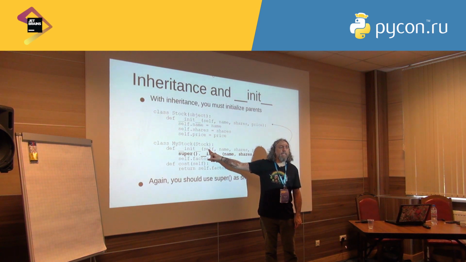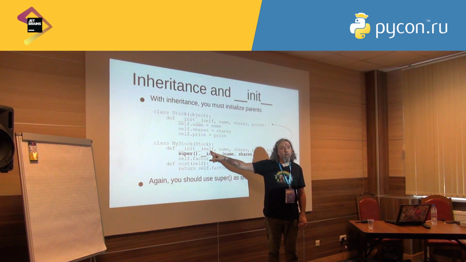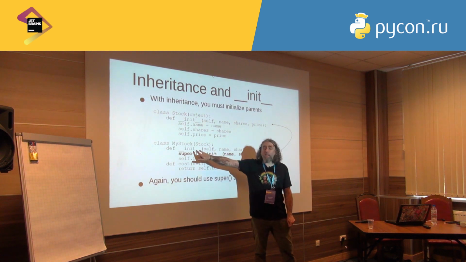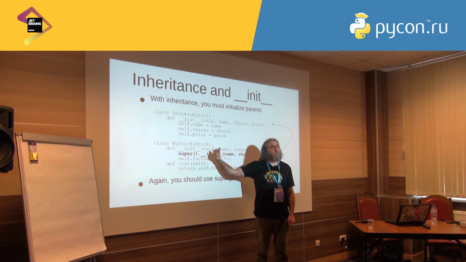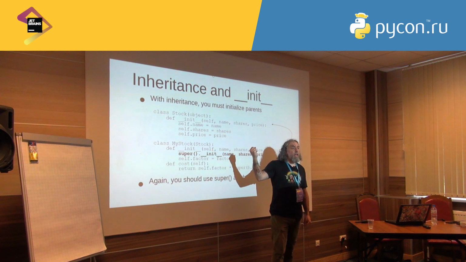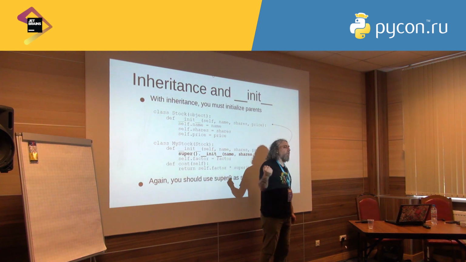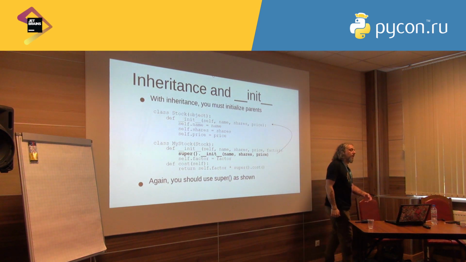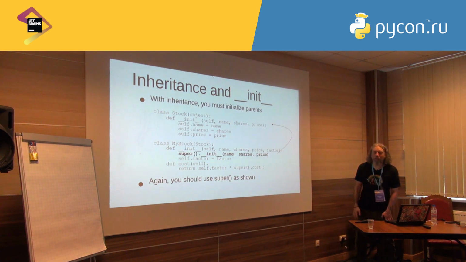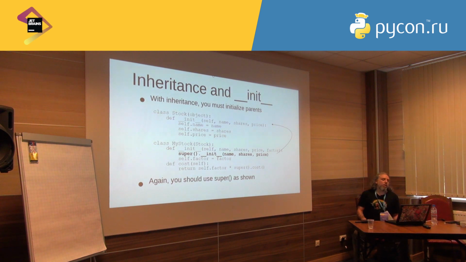Dunder init takes self as the first argument. Self is the instance. So when dunder init is called, the instance has already been created. Languages like Java that have constructors, they're not actually constructors because the object already exists inside the constructor. They're initializers. Those languages conflate initialization and construction.